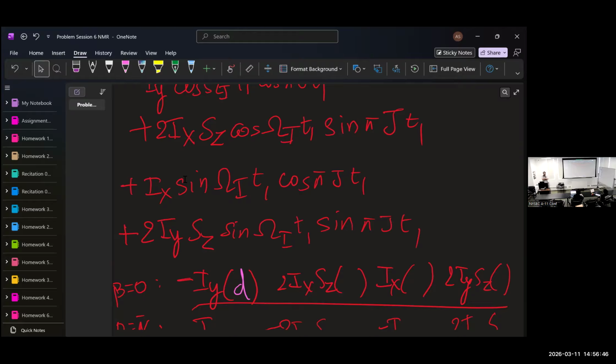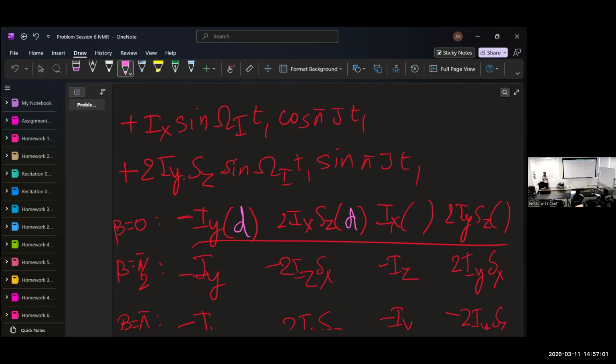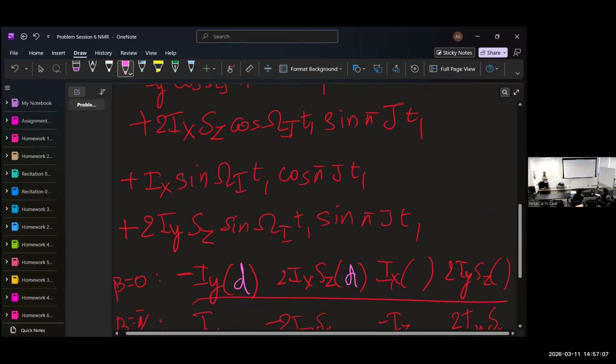And what's its frequency during T1? But it's also a diagonal peak. We'll put a D there. And back up, the IX term, it's also diagonal.